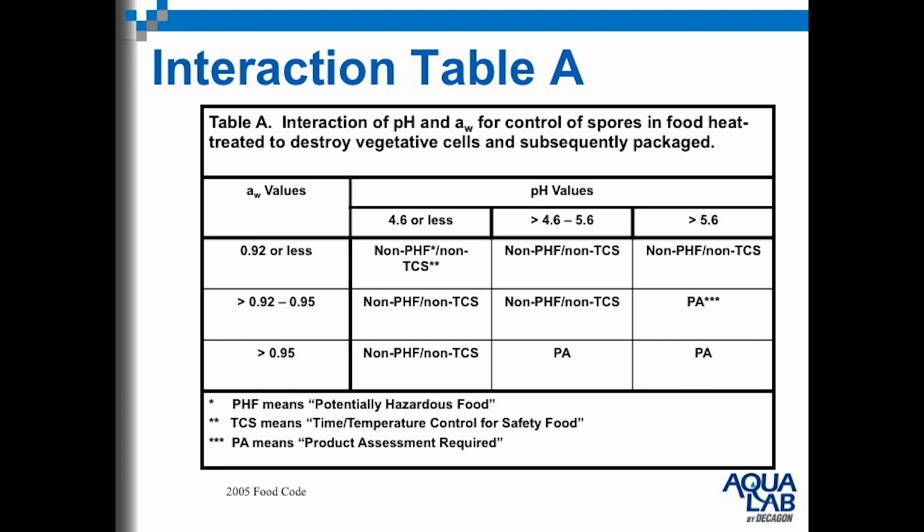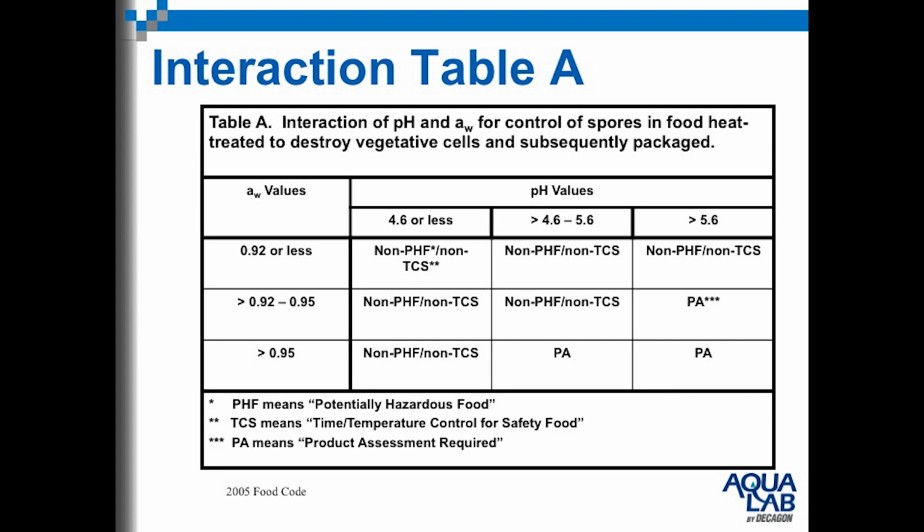Table A is specifically for a product that has had a kill step and then is subsequently packaged to prevent further contamination. And with these types of products, you can actually move them to quite high water activity and pH and still have effective control because you've eliminated everything except spore-forming organisms. And so it ends up that at a 0.92 water activity, you can be considered safe under these types of conditions, or at a pH of 4.6 or greater. And again, that's because you're only dealing with spore-forming organisms.